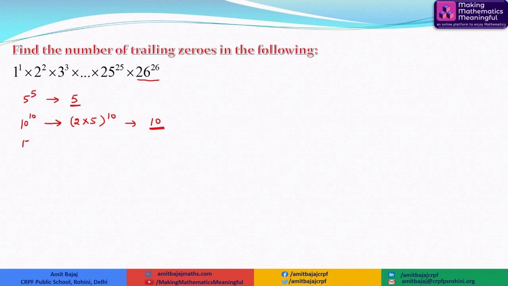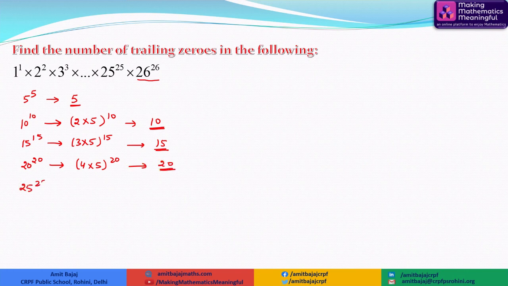Similarly, the next 15 raised to the power 15 will clearly give us 15 zeros and so on. So 20 raised to the power 20 will give us 20 zeros, then 25 raised to the power 25.